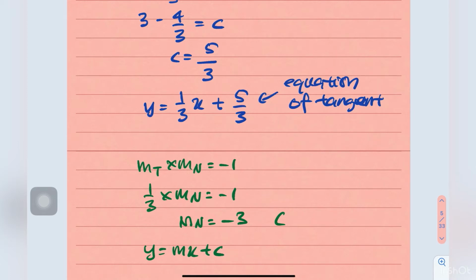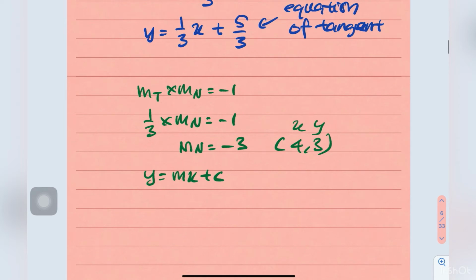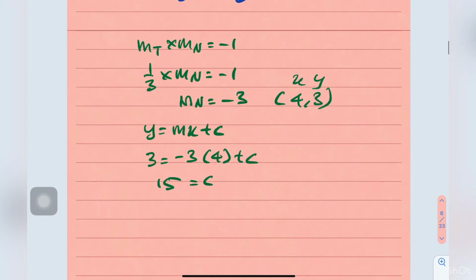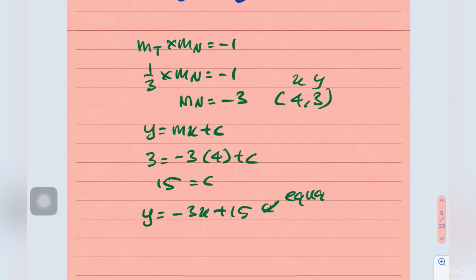So y is 3, gradient is -3, x is 4 plus c. So c is 3 plus 12, which is 15. So therefore the equation of normal is y equals -3x plus 15. So this one is the equation of normal.